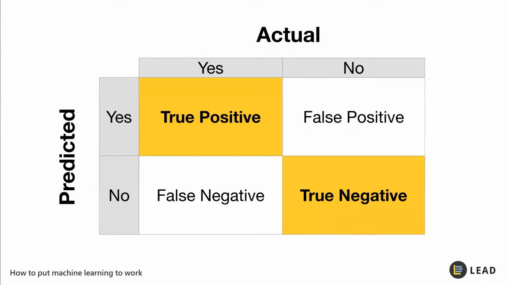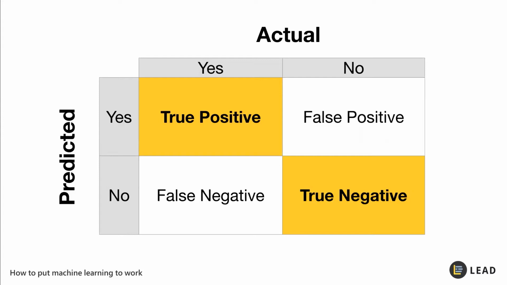In terms of model evaluation, you have to be comfortable just by looking at true positive and true negative. These are the numbers that represent how well your model does, meaning the correct predictions that your model has been able to make.